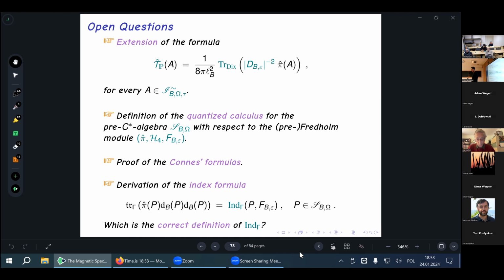I have a question. Without this potential, you had this cocycle. What happens to this cocycle when you introduce this potential? Something that we have to look at, an open question.